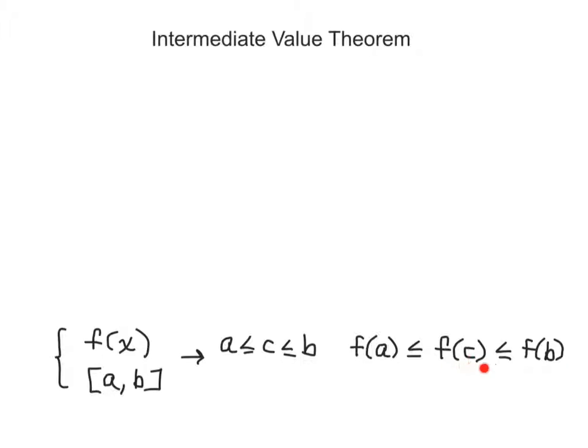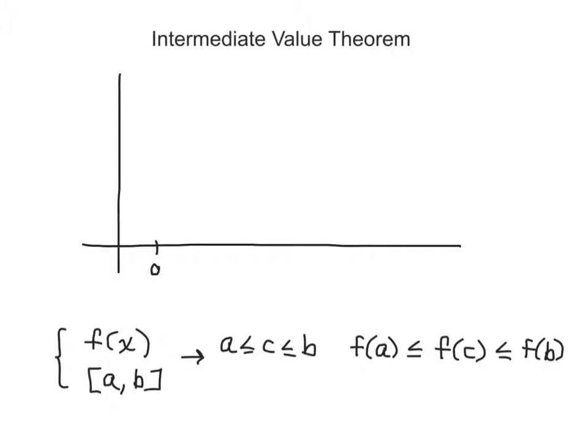So this c is between the starting and ending height of the function, and c is between the domain from a to b, okay? So let's draw a picture of that. Here's my y-axis, here's my x-axis, and I'm going to go from a to b, and I'll draw a blue curve, and let's just say our blue curve, maybe it does this, but it's smooth and continuous.